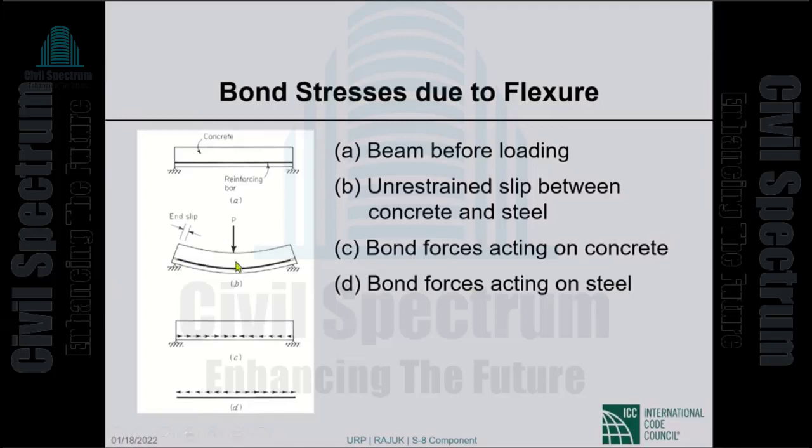When it is loaded, if there is no bond between the concrete and the reinforcement, then there will be slip between the concrete and the steel, as clearly shown in the picture.